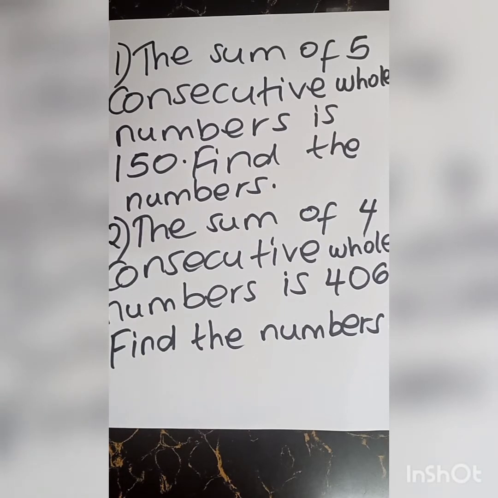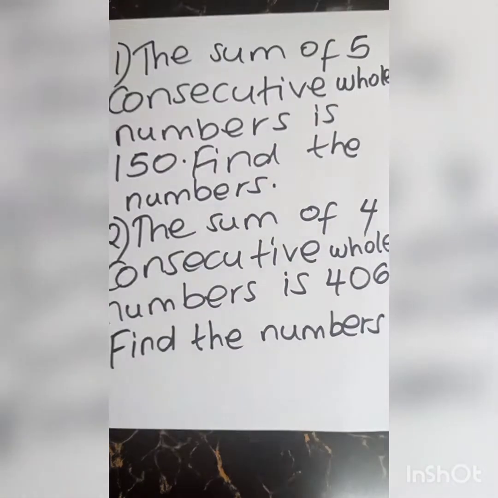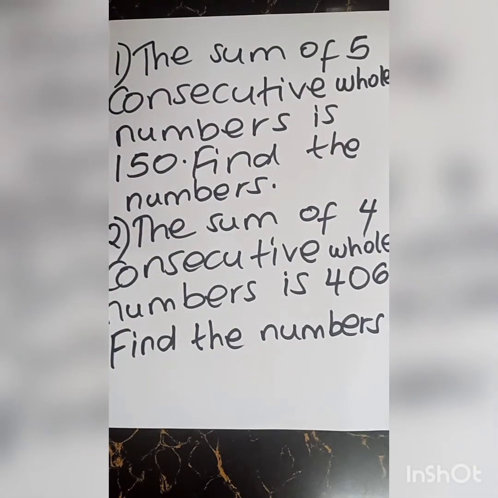Consecutive, what are consecutive whole numbers? Consecutive whole numbers, in simple terms, are numbers that are subsequent to each other. They come one after another in a number line, okay?